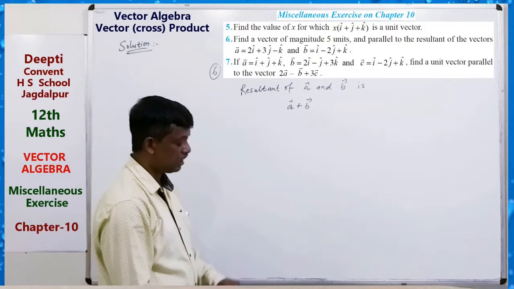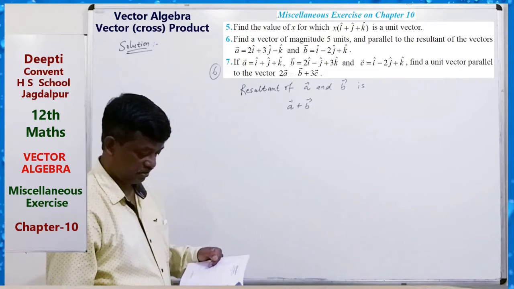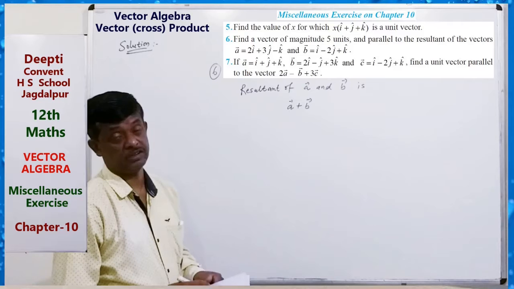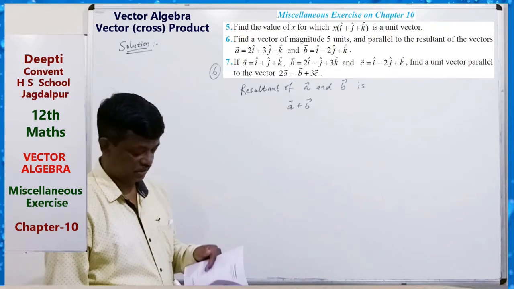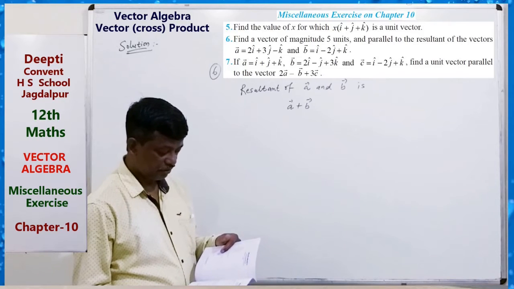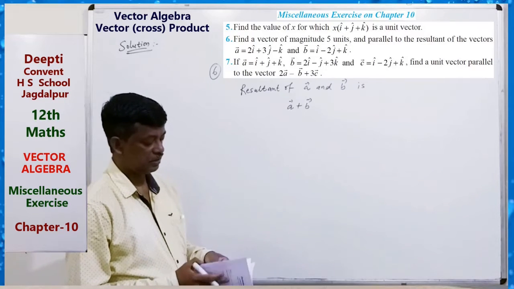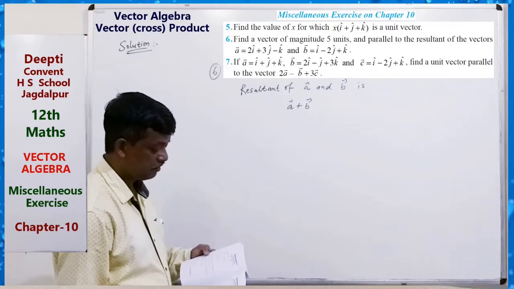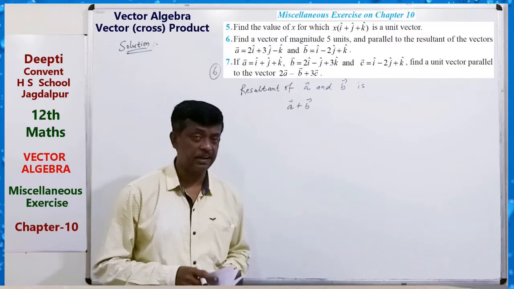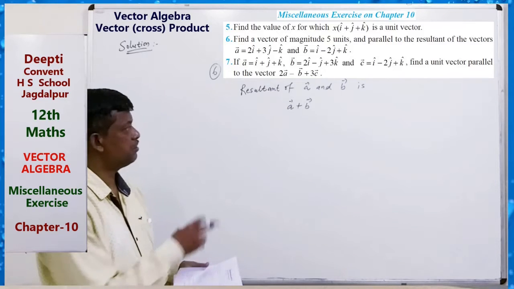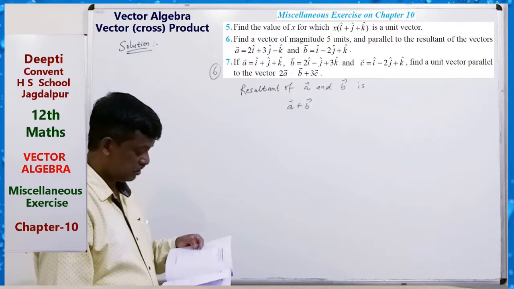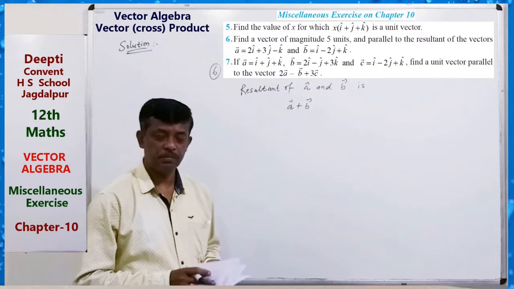Parallel to the resultant means in the direction of the resultant.